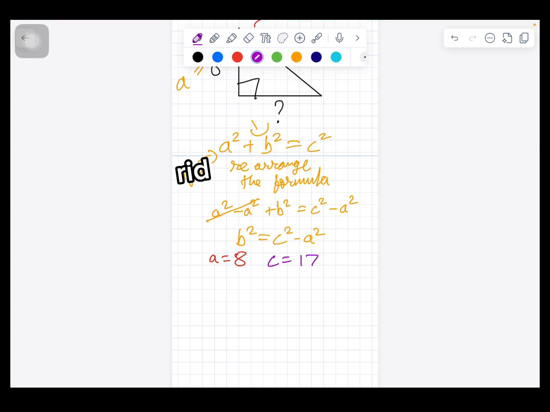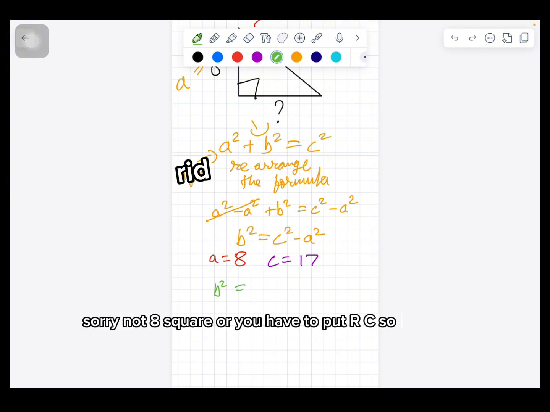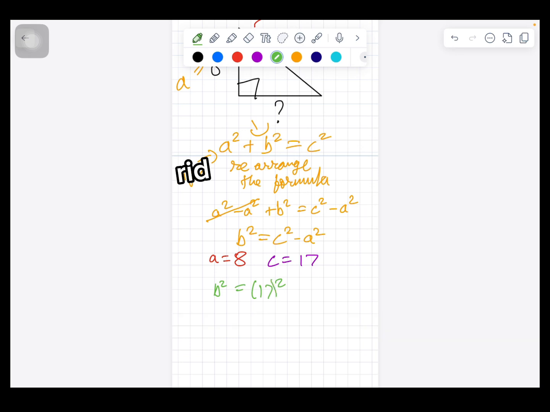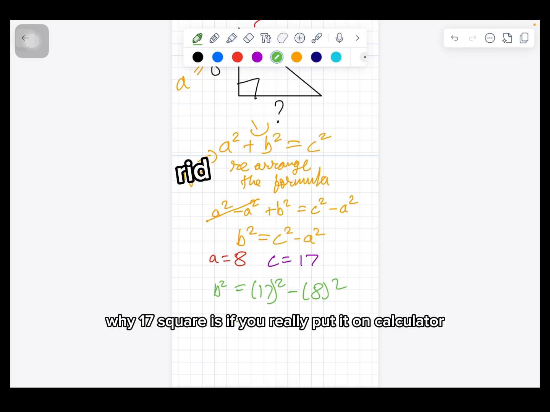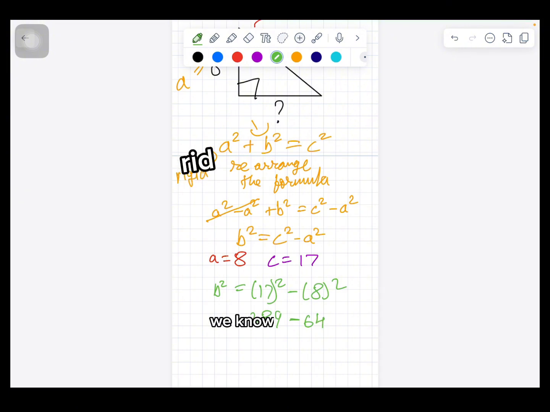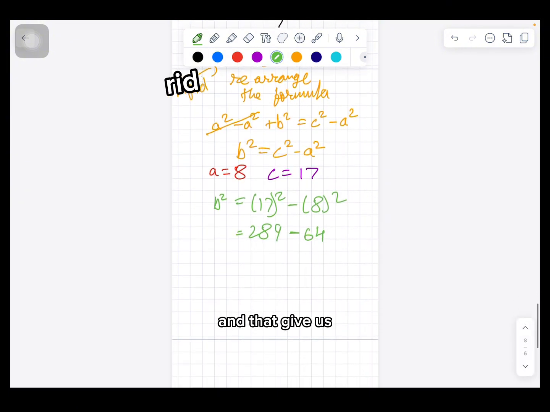So B squared equals, sorry, not A squared, you have to put C. So 17 squared minus 8 squared equals B squared. 17 squared, if you put it in a calculator, is 289, minus 8 times 8, which we know is 64.